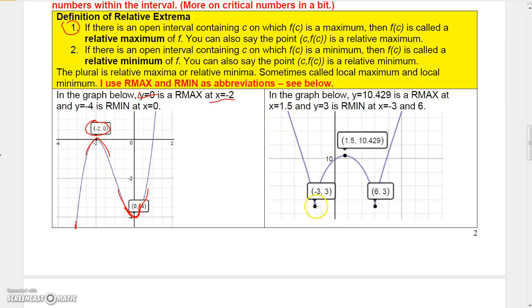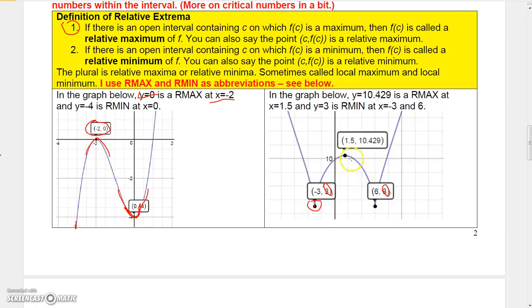But over here with this one, it does go from decreasing to increasing at this point, but it's not a smooth transition. It's like a jerk, a sharp corner transition. But still that is a relative minimum. So we do get a relative minimum of 3 at -3, and we also get the same relative minimum of 3 at +6.